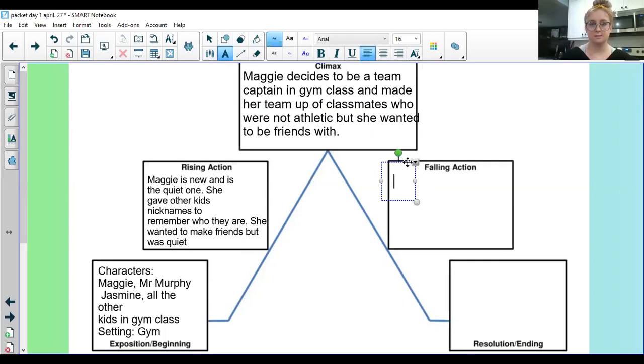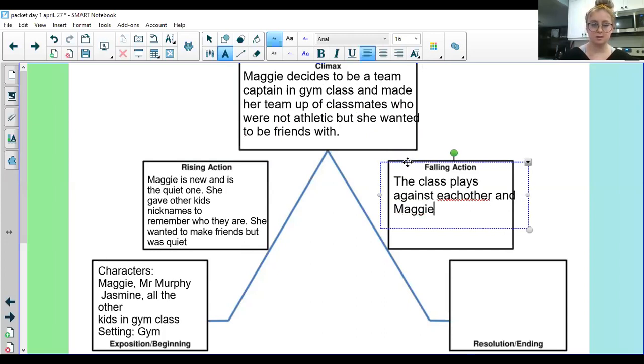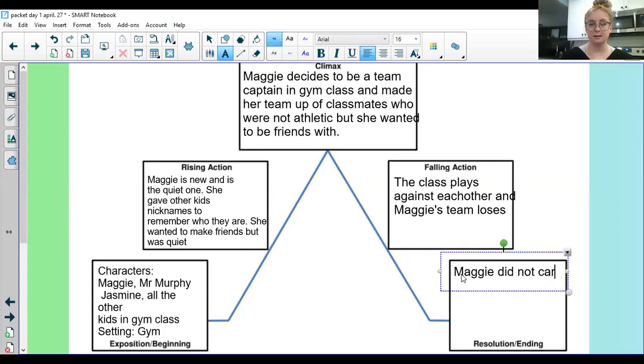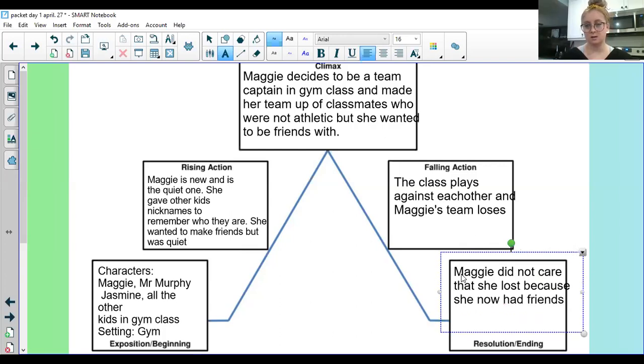The class plays against each other, and Maggie's team loses. Maggie did not care that she lost because she now had friends at school and knew that losing does not make you a loser.